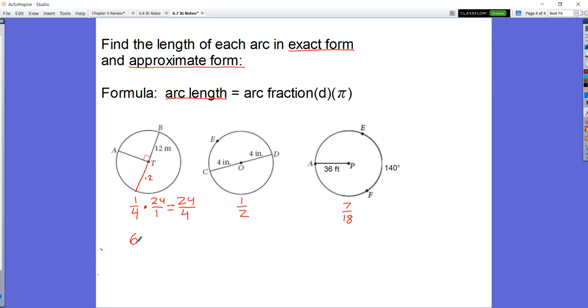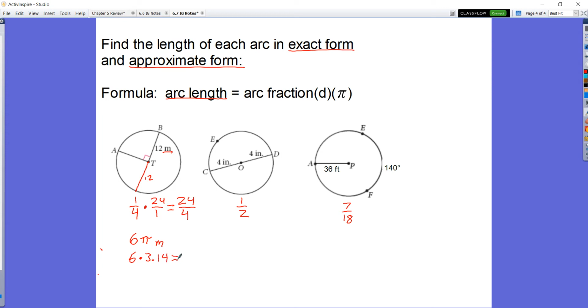If I take the answer 6 that I got already and multiply it by pi, exact form would just be 6 times pi, like that. That's all we would do. 6 times pi meters, because we're working with meters. To do approximate form, we would go 6 times the number we use for pi, 3.14.